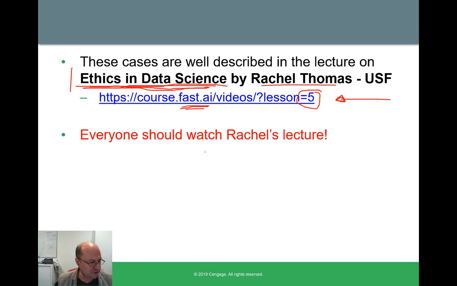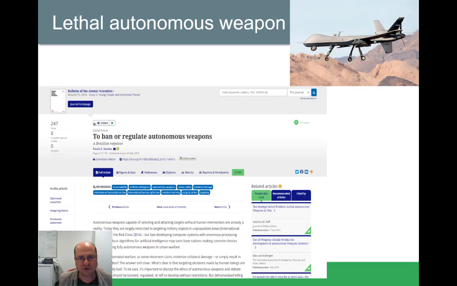And to close up, there's also the question of lethal autonomous weapons. A lethal autonomous weapon is a robot that chooses a target, decides whether to fire at the target or not, and fires at the target. There's been a long discussion about whether this is ethical.